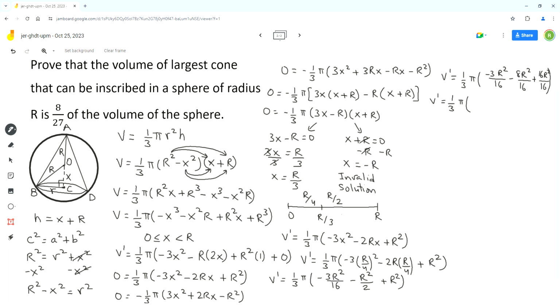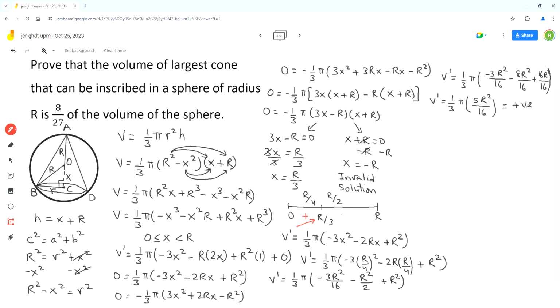Negative 3r square minus 8r square is negative 11r square, and negative 11r square plus 16r square is equal to 5r squared. So this expression has a positive value. That means on the left side of x equals r over 3, the value of the first derivative is positive. That means the function is increasing on the left side of x equals r over 3.